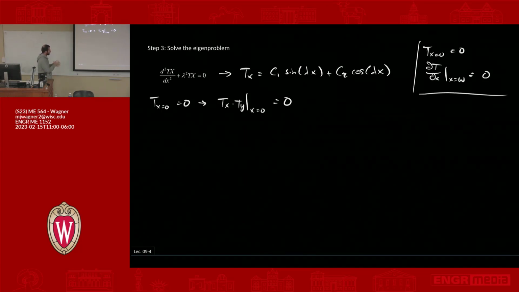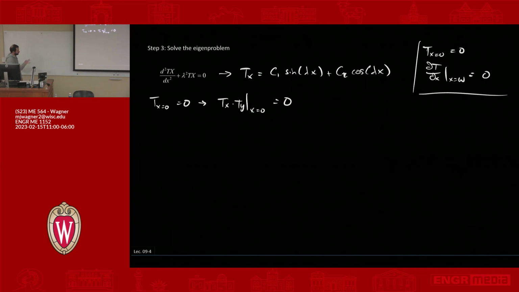We have to look at this and use a little bit of thought to figure out how I need to change my boundary condition to get this to be enforced. What I mean is, if T as a function of y is 0, that would satisfy this boundary condition, no matter what T_x is. But because this is the homogeneous direction, that ends up not being an interesting solution, right? T_x is the condition that has to be 0.